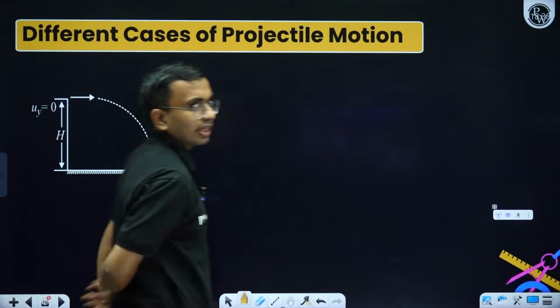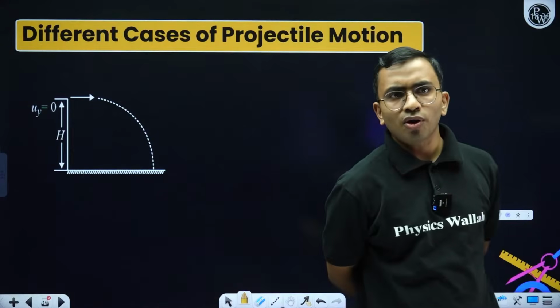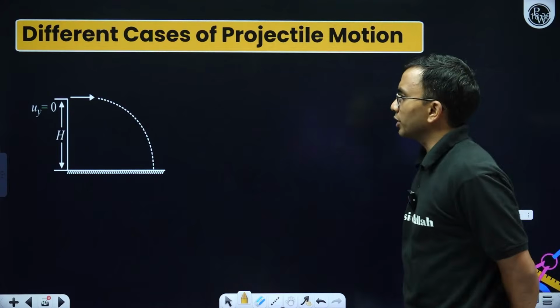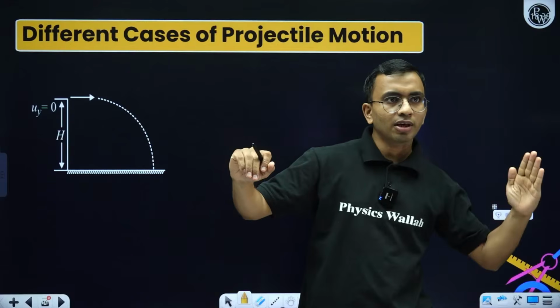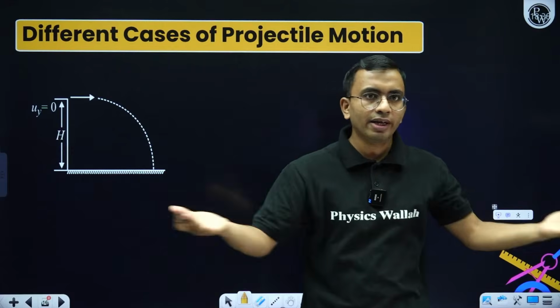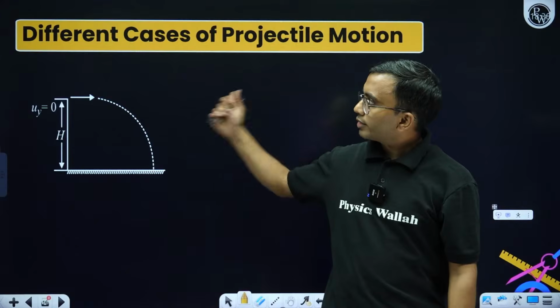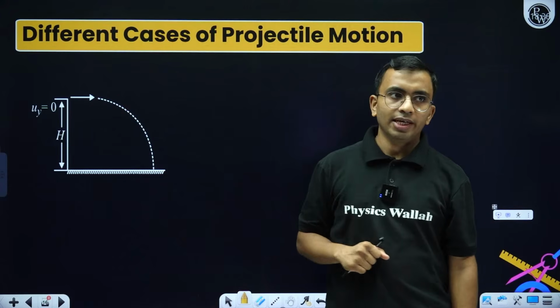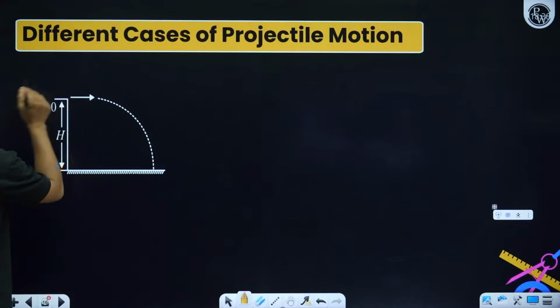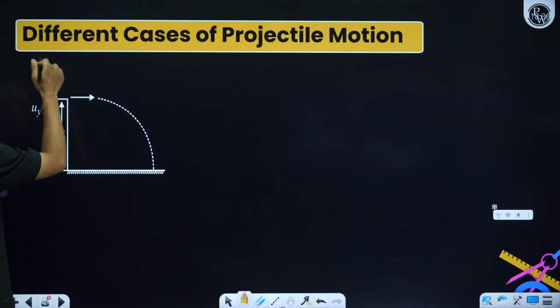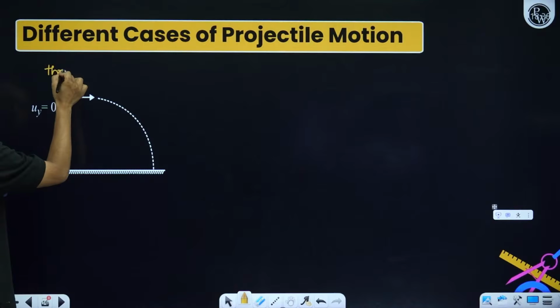Now, till now we did ground to ground projectile. Ground to ground projectile means you are projecting the particle from the ground, it is landing on the ground, you are finding different variables. Now let us take a projectile from a certain height. You are throwing from a certain height. You can consider initially it is projected horizontally.